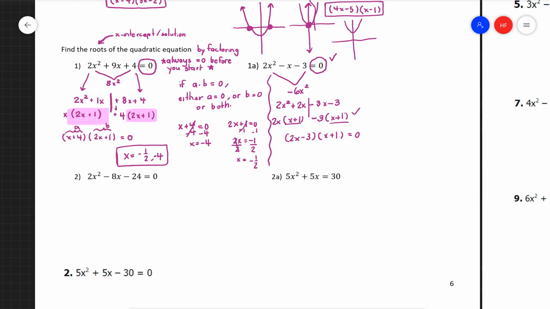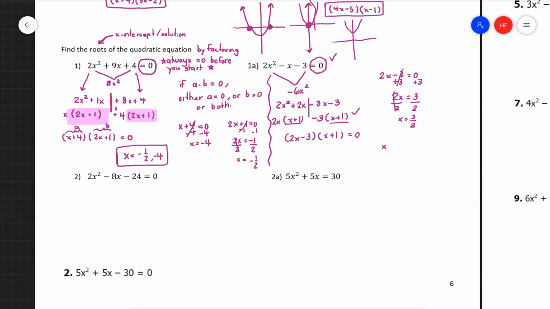So 2x minus 3 times x plus 1 equals 0. Using the zero product property, I'm going to find my roots. So 2x minus 3 equals 0. Add 3 to both sides. 2x equals 3. Divide by 2. X equals 3 over 2.